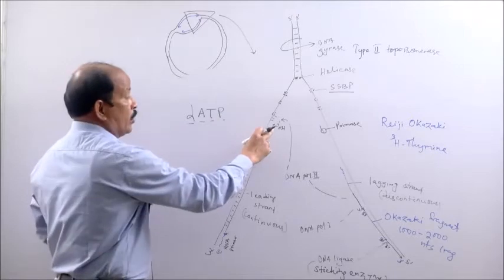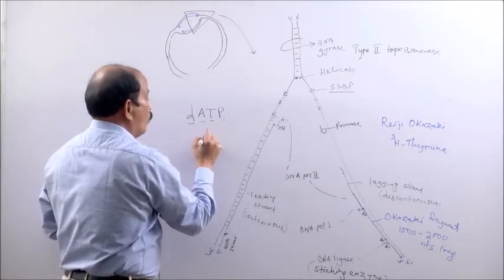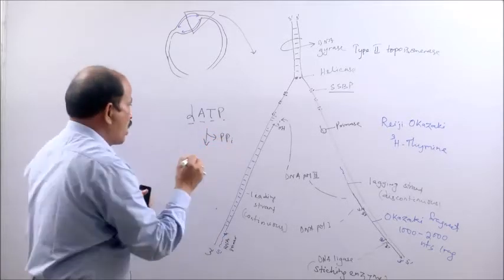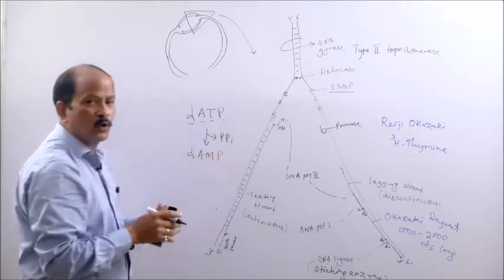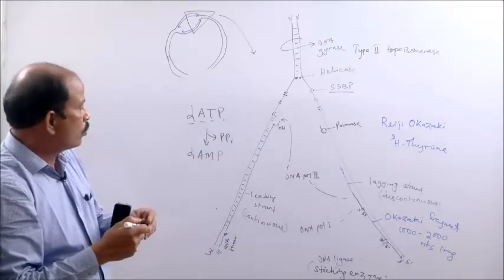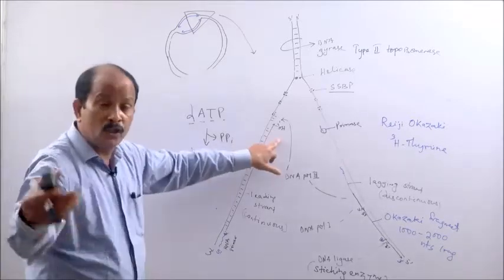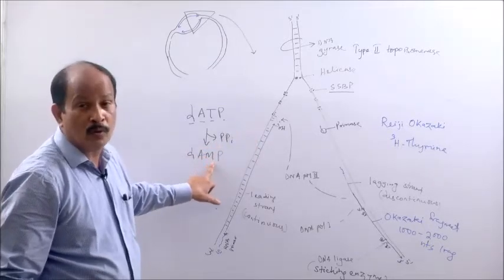But ultimately, what remains here? Only PPi is released, hydrolyzed, and dAMP remains, deoxyadenosine monophosphate. Even though the triphosphate forms of the nucleotides come, what are inserted to the growing end are the monophosphate forms.